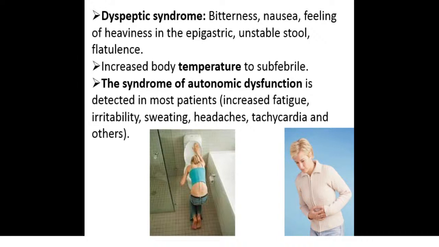The patient may have dyspeptic syndrome: bitterness, nausea, feeling of heaviness in the epigastrium, unstable stool, and flatulence. If the patient has inflammation, usually the temperature increases, but usually it is a subfebrile temperature.